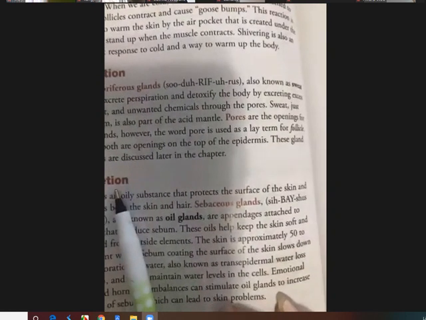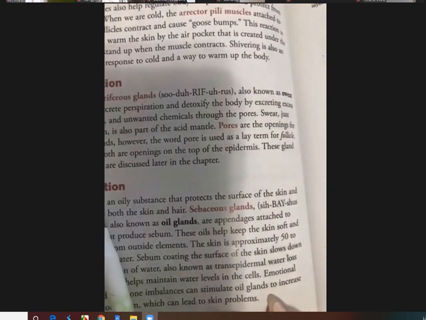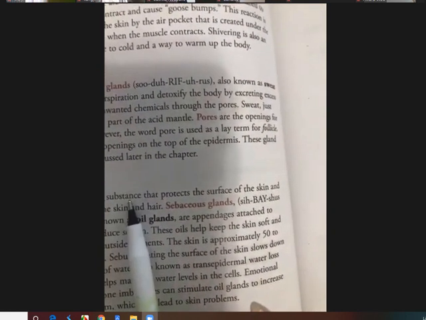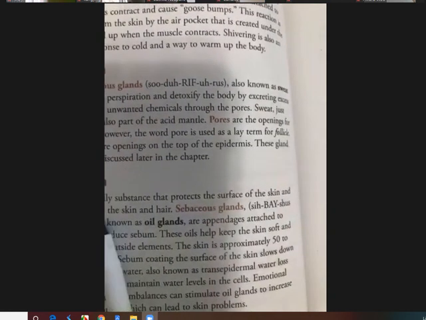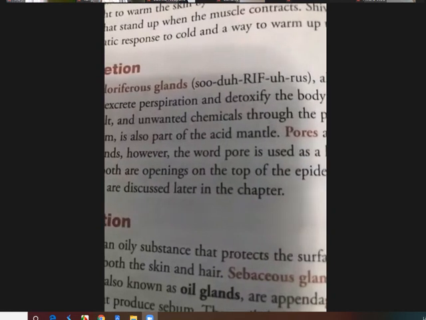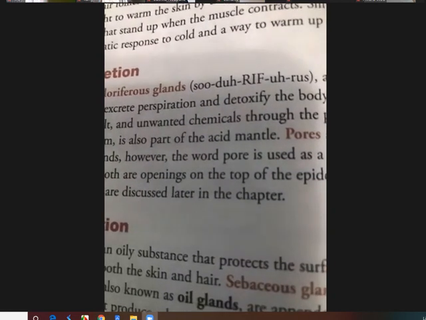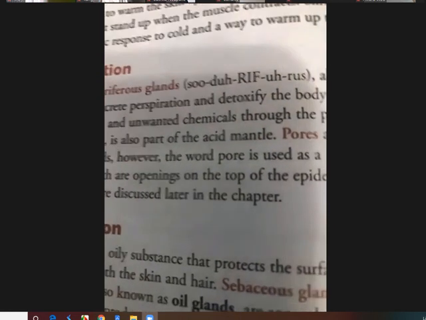Now, the fifth function is secretion. Secretion means what? Sebum is an oily substance that protects the surface of the skin and lubricates both the skin and the hair. Now, you know what is lubricate? Lubricate means to keep the skin moist. Okay? See here?